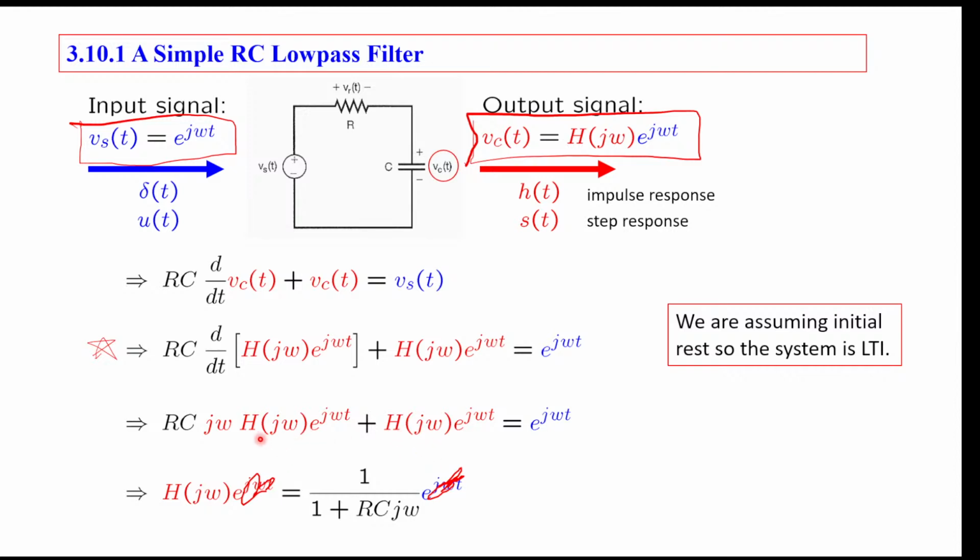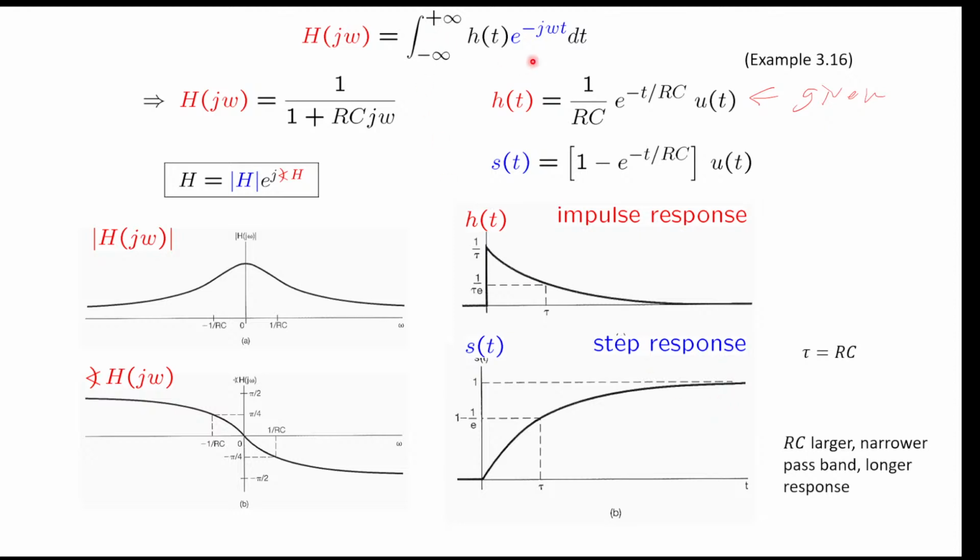You add together the coefficients and throw them on the other side: it's H times 1 plus RC times j omega. And you see that H of j omega is 1 over 1 plus RC times j omega.